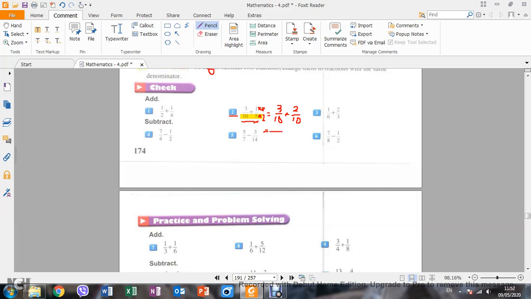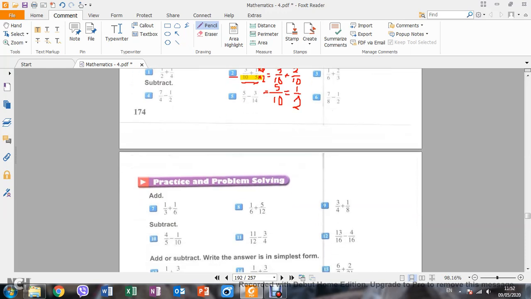Our denominator is 10, put it down. So 3 plus 2 is 5. 5/10, okay? Or we can simplify. We divide both numbers by 5. 5 divided by 5 is 1, and 10 divided by 5 is 2. So 1/2. Okay, that's the first one.